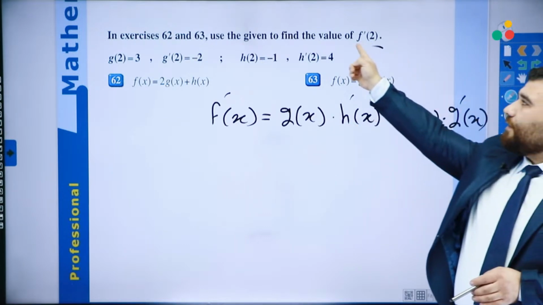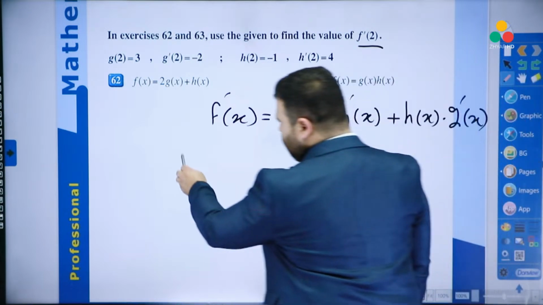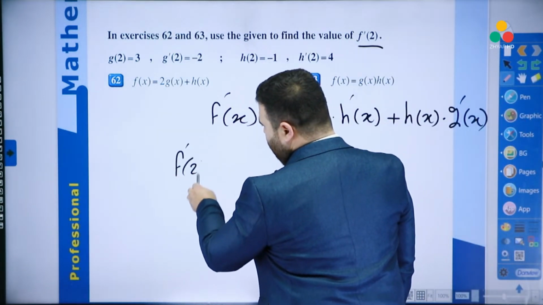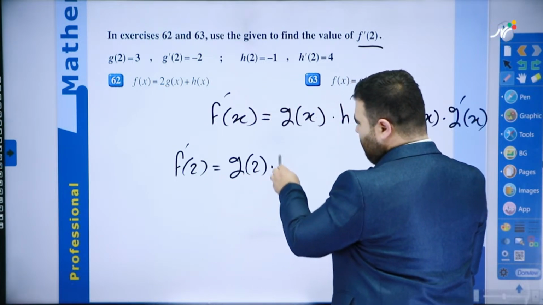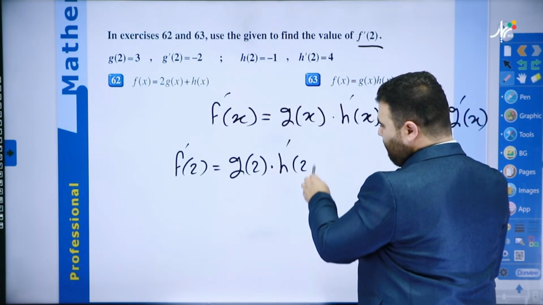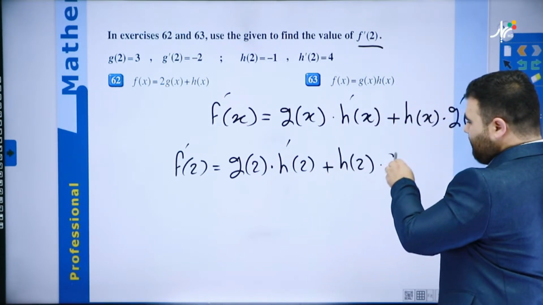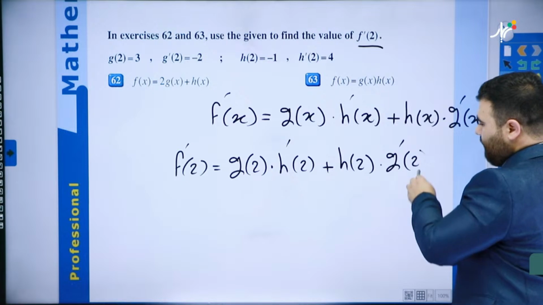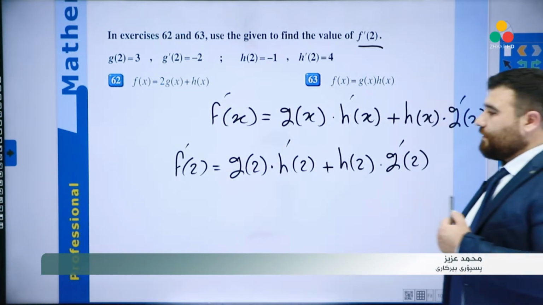Now, I need to find f prime of 2. Then replace each x with 2. F prime of 2 is equal to g of 2 times h prime of 2 plus h of 2 times g prime of 2. Now I replaced every single x with 2. Let's use the given information.